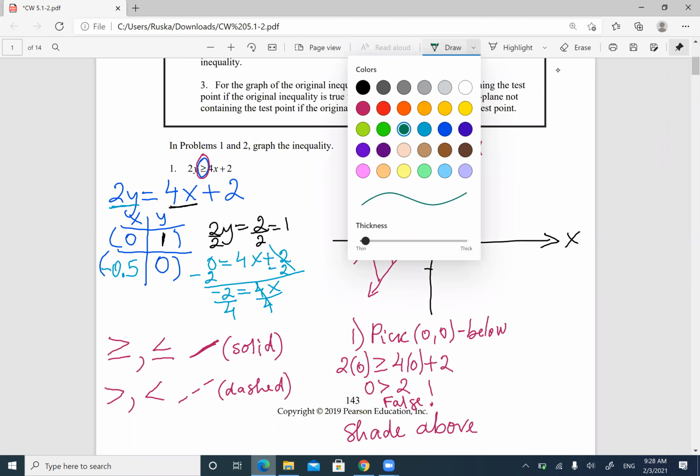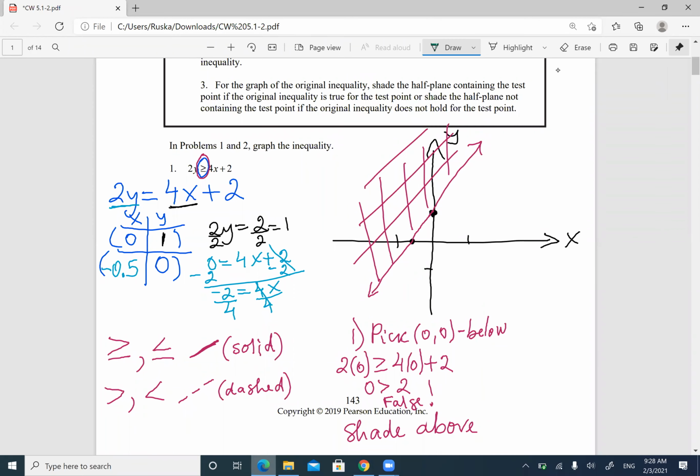The second method to check which side to shade is to look at the inequality. We have y is greater than or equal to something else. If it's a positive y, it doesn't matter what the number is.